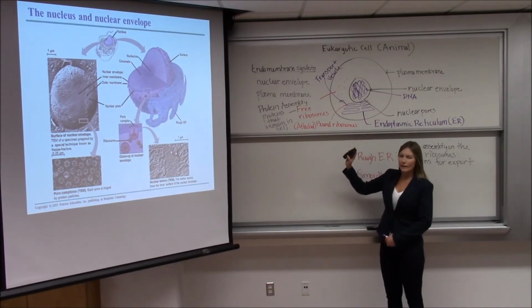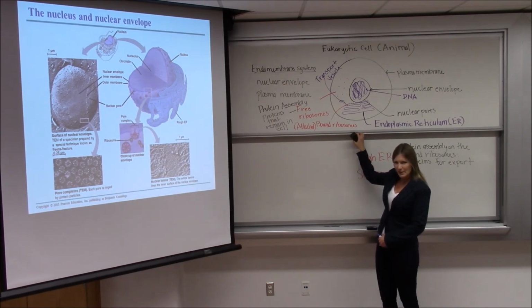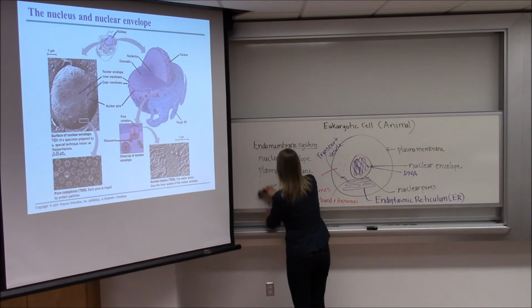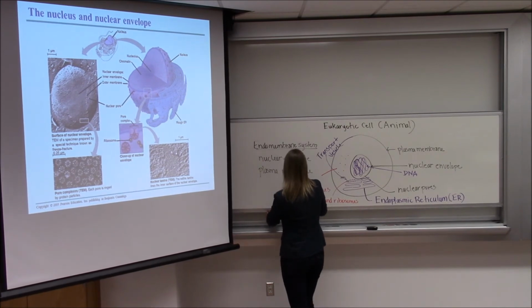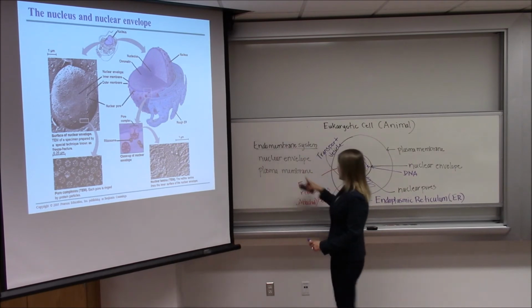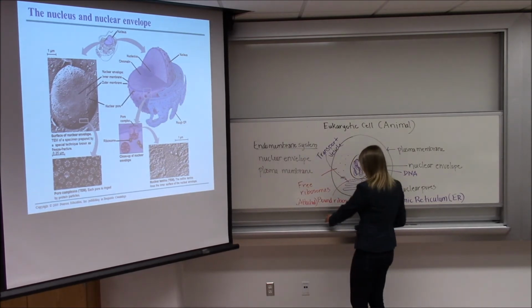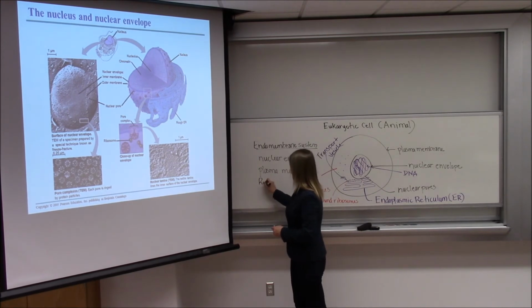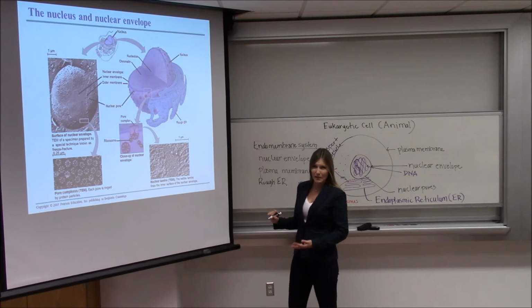Okay, I'm just going to quickly erase a couple of the details on here so I have room to draw some additional structures and continue our list of the endomembrane system. Okay, so we have our free ribosomes. So the endomembrane system is going to include the rough ER. It's going to also include the smooth ER, which we haven't talked about yet.